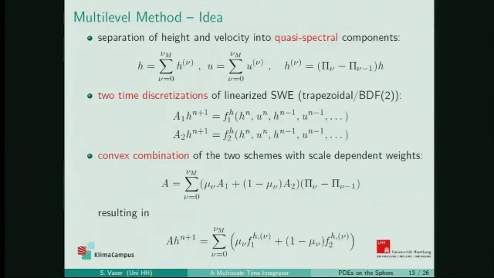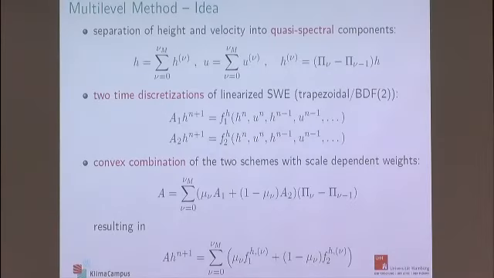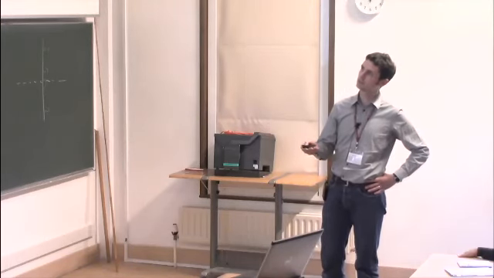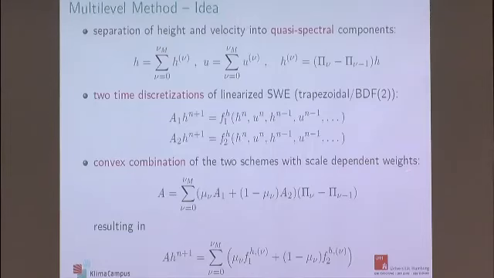The key ingredients are a quasi-spectral decomposition of the height and velocity, which can be given by some projections. Then we have two different time discretizations. In our case, I consider the trapezoidal and the BDF2 scheme. And what we do then is that we consider a convex combination of the two schemes with some scale-dependent weights.